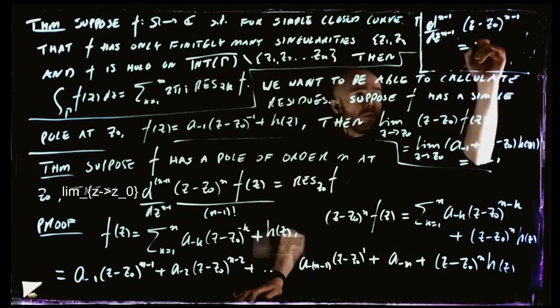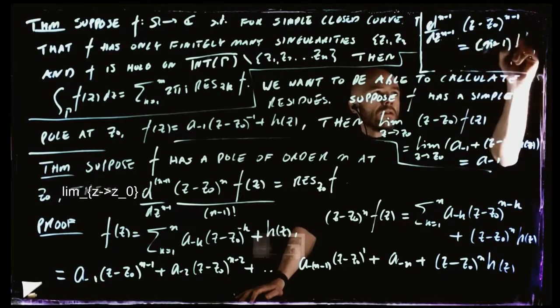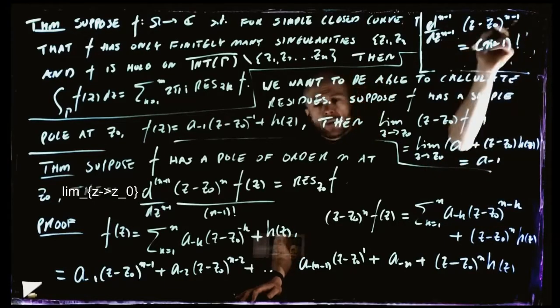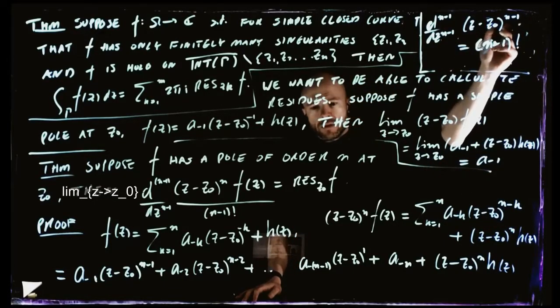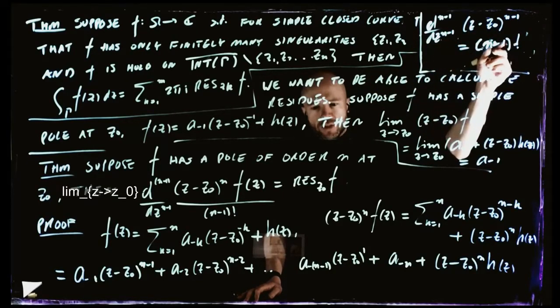Yeah, just n minus 1 factorial. Because every time we differentiate it, we put this number down in front, we lower the power. We do this n minus 1 times, it's going to be n minus 1 minus n minus 1, which would be 0. So we end up with this thing.